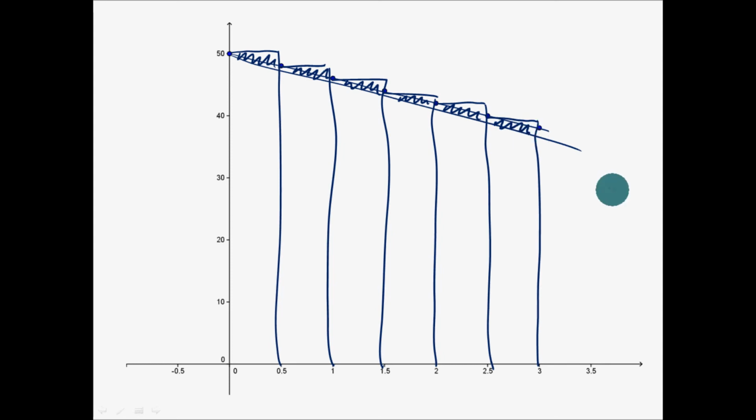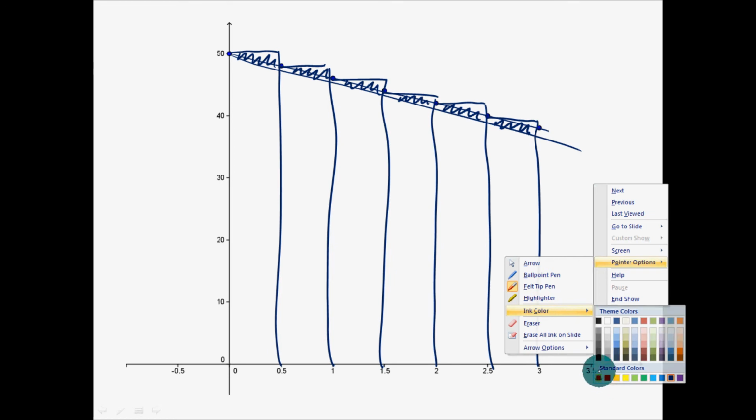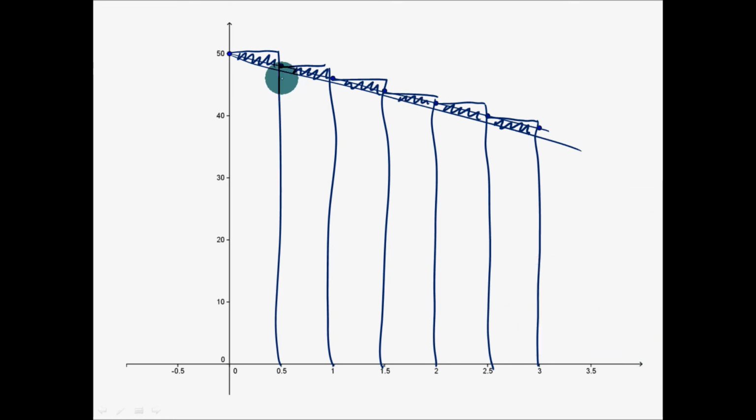I'm going to switch colors here for a second. How about this maroon? All right, so then when we did the right approximation, we went with these rectangles, right? Because we grabbed the right side and pulled it over. And so those are an underestimate because there is area above these rectangles that are still underneath the curve.